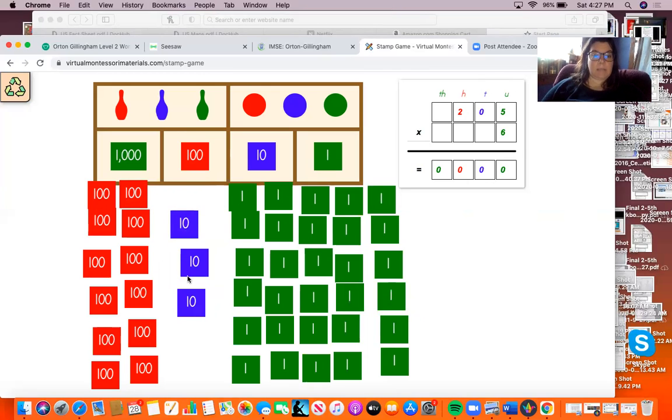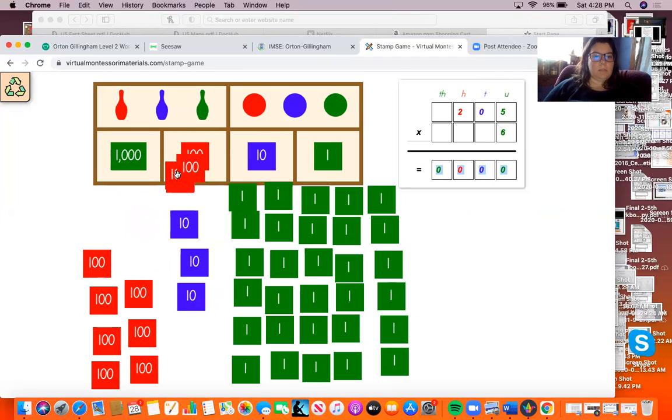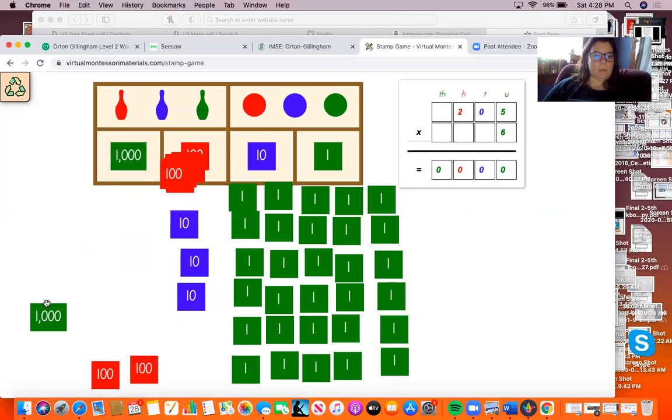So we have 3 tens, and then we have 2 hundreds times 6, 2, 4, 6, 8, 10, 12 hundreds, which we can exchange 10 of the hundreds. So if we have 12 hundreds, that means we have 2 hundreds and 1,000.